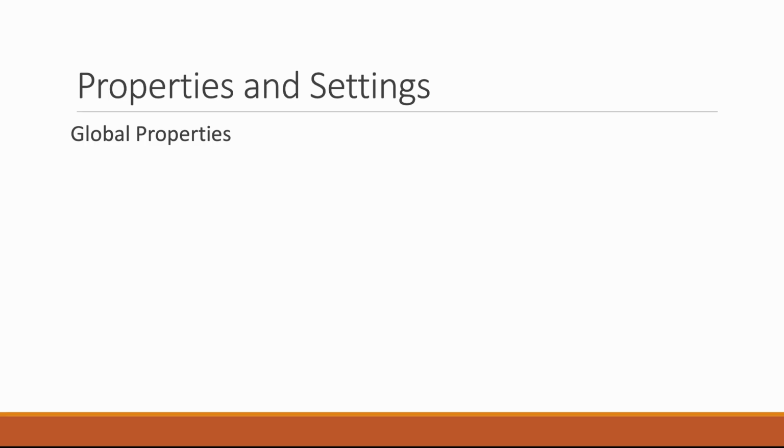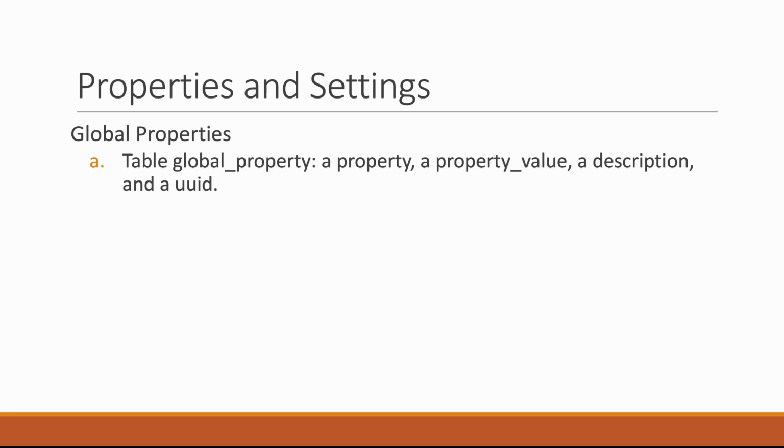So for example, our default language is Russian, right? So there will be a global property with a key and a value. So every property is basically a key value pair, and a global property table has a property key, its value, a description, and a UUID.